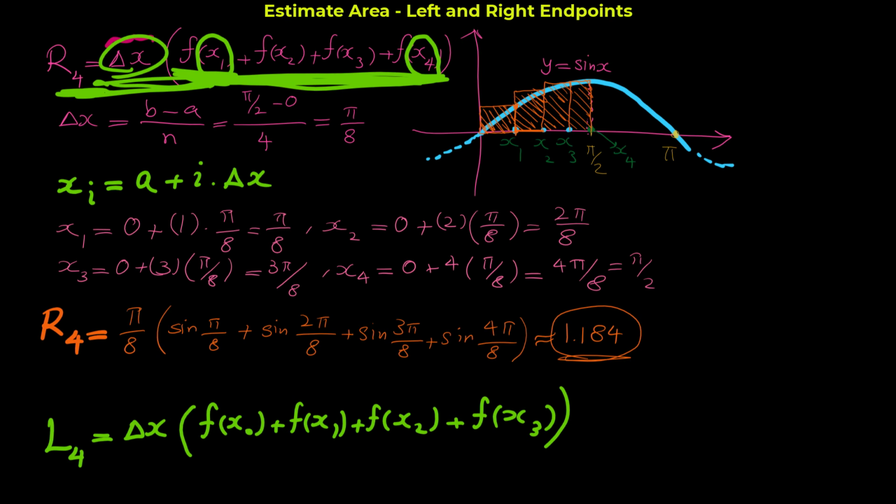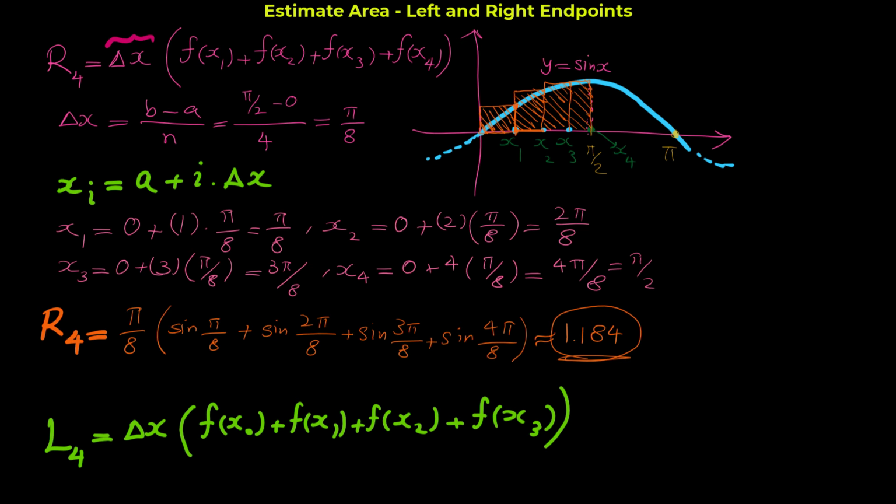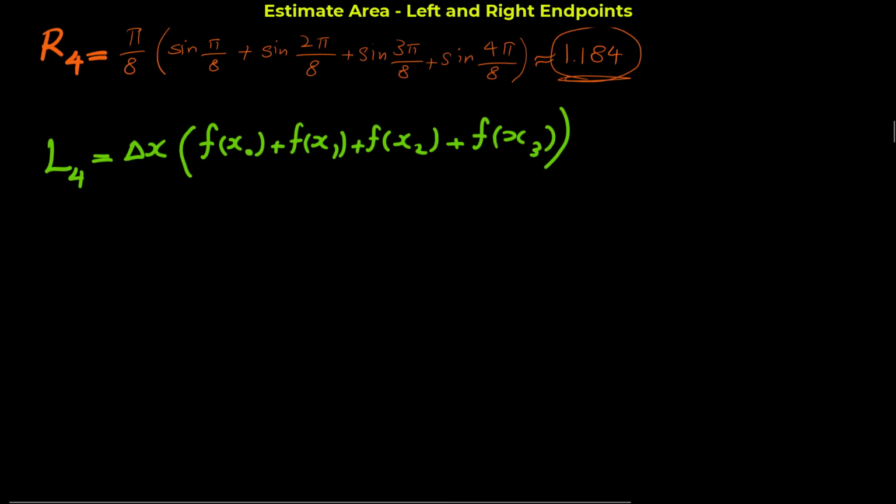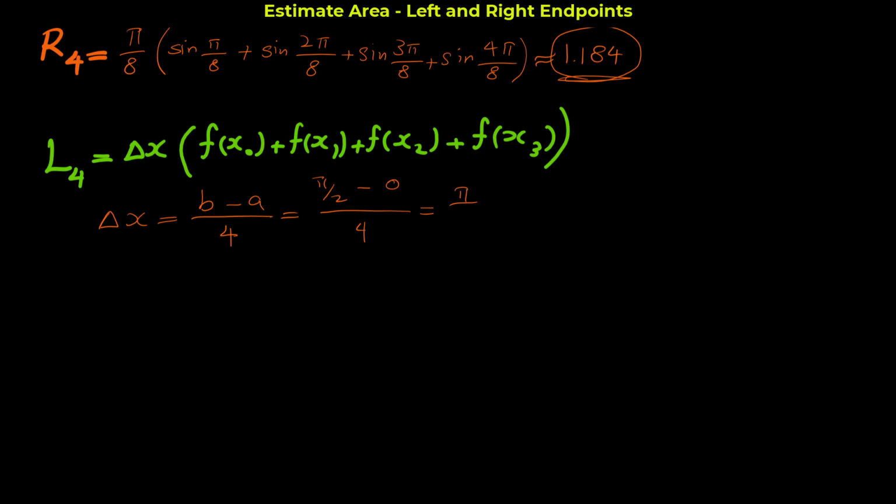Now let's do the calculation for the left endpoints. Delta x is again pi over 8, because we know that delta x is (b minus a) over n, which in this question is (pi over 2 minus 0) over 4, which is pi over 8. Of course, you don't need to calculate delta x again. Do you remember the formula for xi? Xi is a plus i delta x.